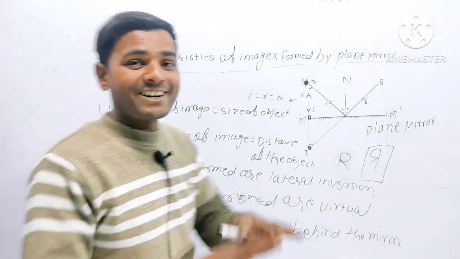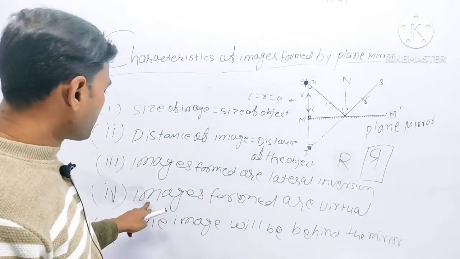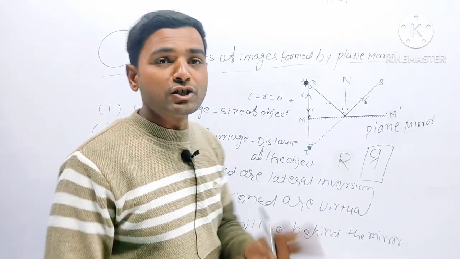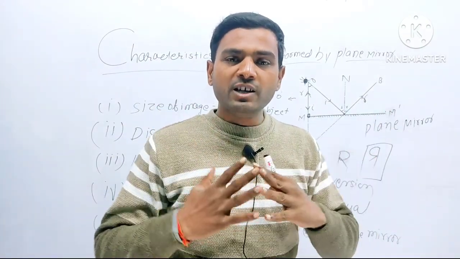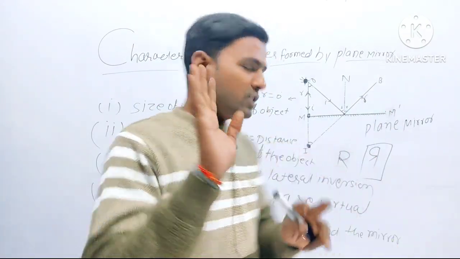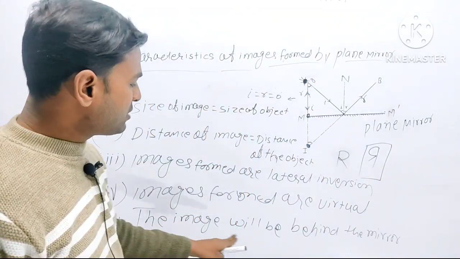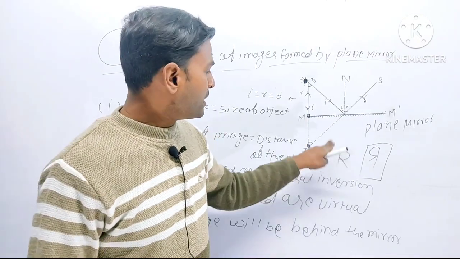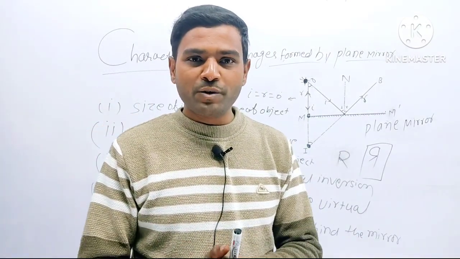Images formed are laterally inverted, which I explained. Images formed are virtual; we cannot see them on a screen, only real images can be seen on a screen. The last point is that the image will be behind the mirror. So I think you are clear with the topic.